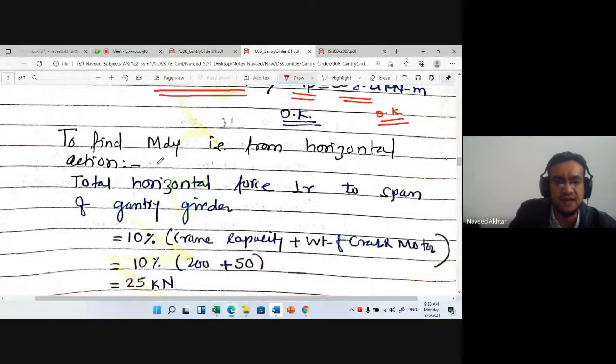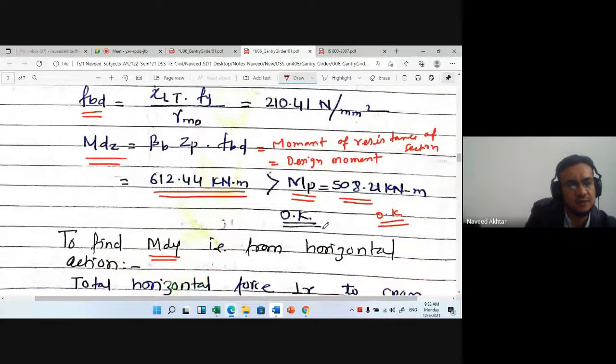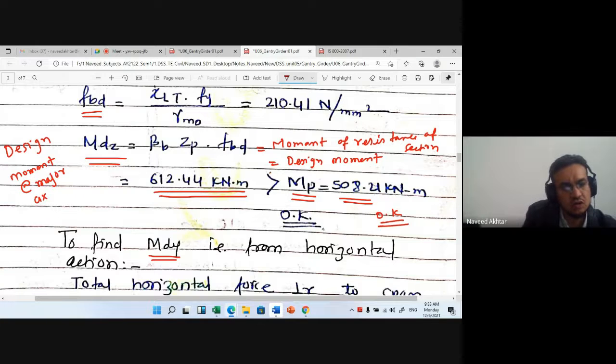To find the MDY, that is design moment about minor axis. This MDZ is design moment about major axis. Okay, so this is design moment about major axis, which is greater than the factored moment of section about major axis.